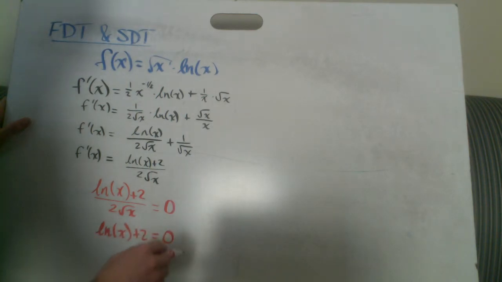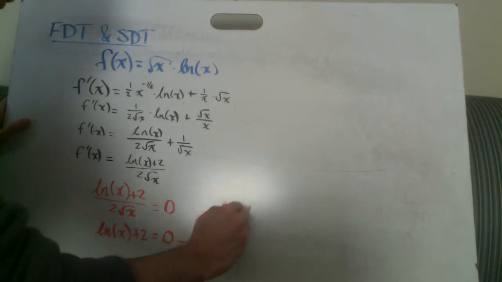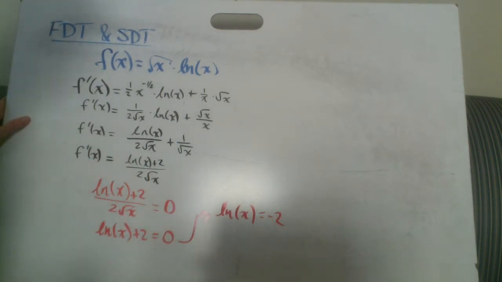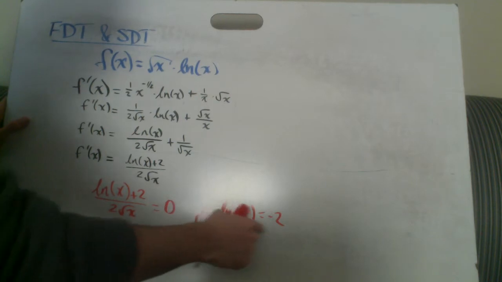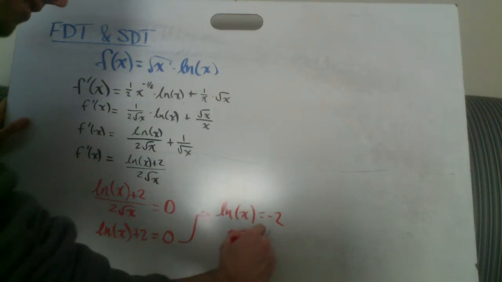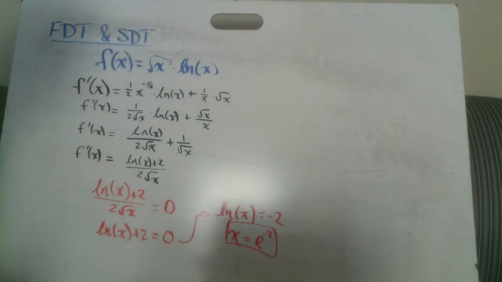That means, oops, sorry, I'm running out of board space already. Natural log of x equals negative 2, and we remember how natural logs work. This is log base e of x equals negative 2, so x had better equal e to the negative 2nd power. And this is the only value of x that can possibly be a place where the derivative changes sign.